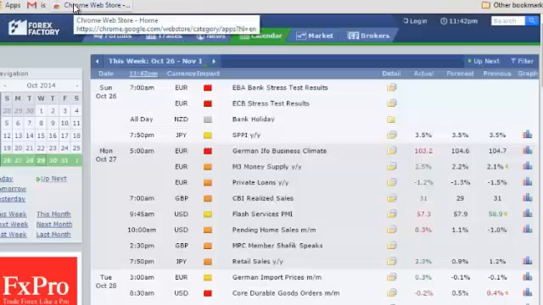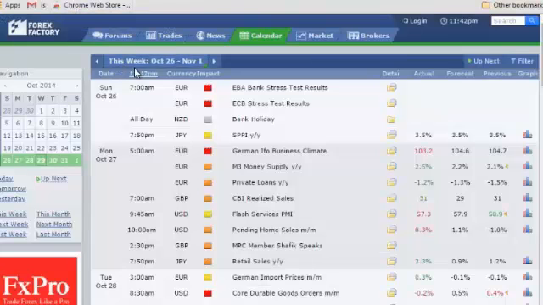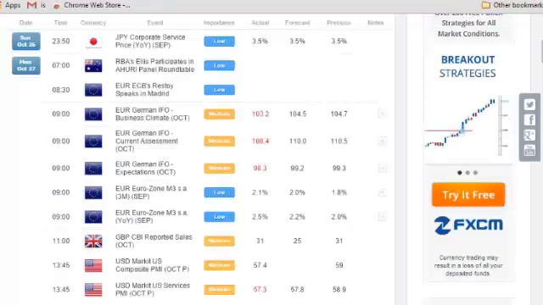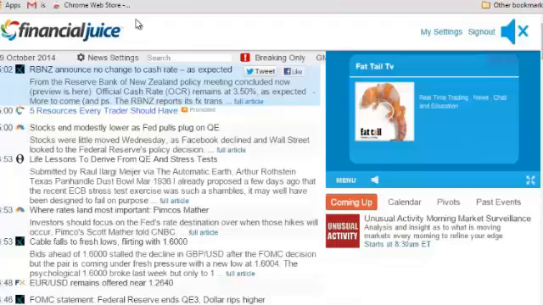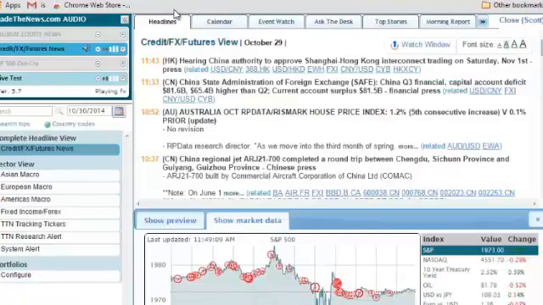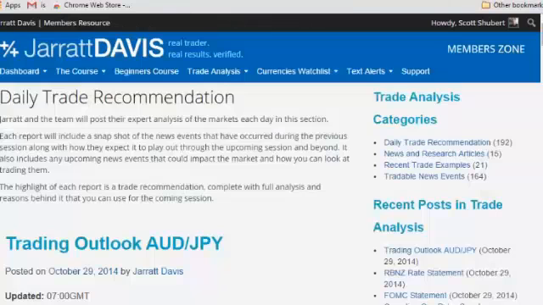So before the FOMC statement came out, I went to all of these resources for fundamental research: Forex Factory, DailyFX, Financial Juice. Read the stuff that's coming out as we get closer to the news release. Trade the News, Rand Squawk, Jarratt Davis. Check his analysis and his daily trade recommendations and his risk events.